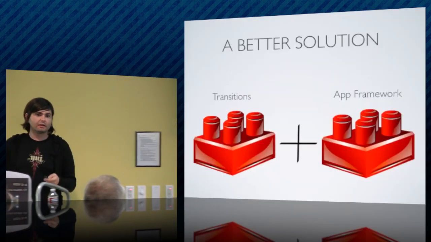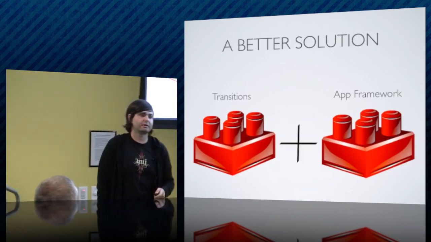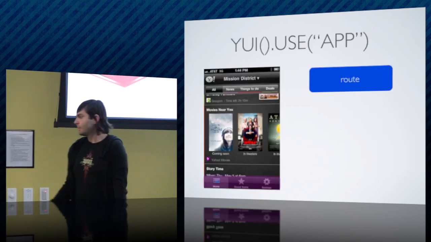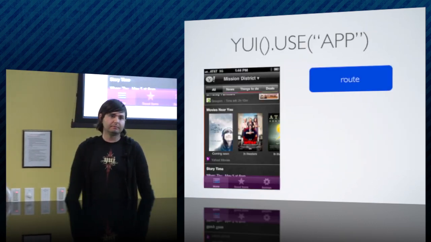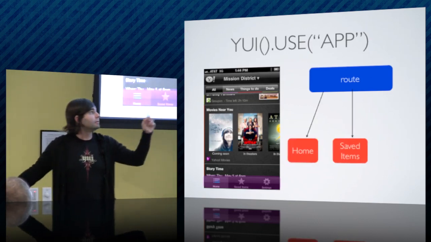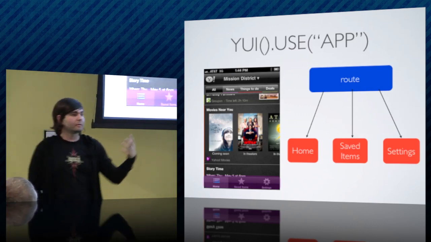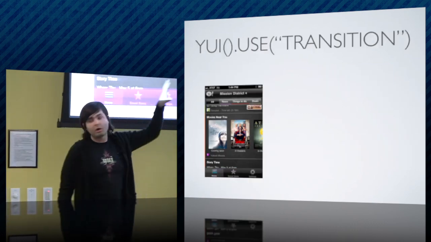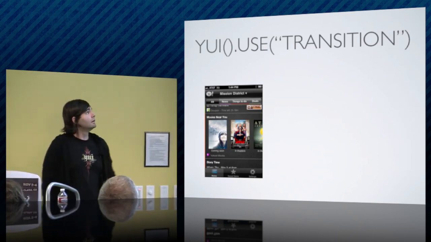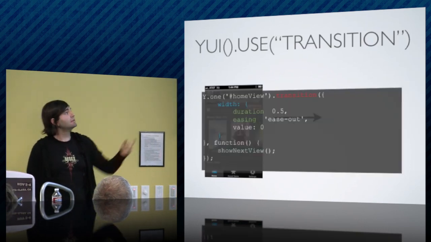Again, if I had to do it again today, this solution would have been much better, much easier, cleaner, and probably faster. Instead of having all that nonsense, I could have just had the app framework have a route that would load all these views, and have all the information needed in one place. Same with transitions. I could have just done something like this.